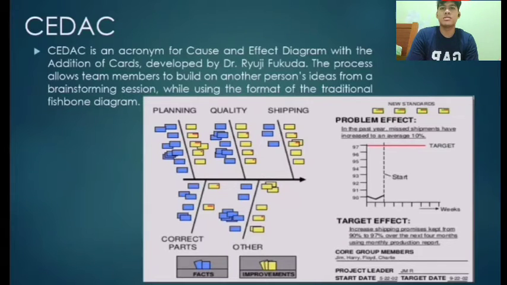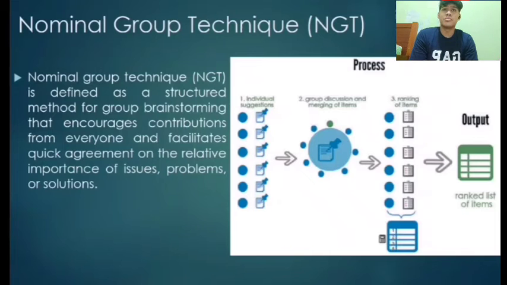Ang kinaibahan lang is they're using cards, and then they're using the other person's suggestions. Next is nominal group technique or the NGT. It is defined as the structured method for group brainstorming that encourages contributions from everyone and facilitates quick agreement on the relative importance of issues, problems, or solutions.